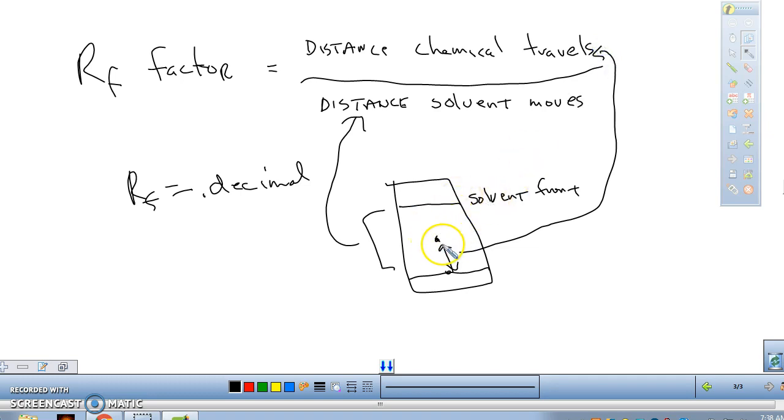And by the way, the best way to do these is measure to the center of the dot. That's the method, not theory. The method is to measure to the center of the dot. So once you've got your dots drawn, you can draw a little line through the center of the dot, and then just take a ruler and measure the distances and divide them.